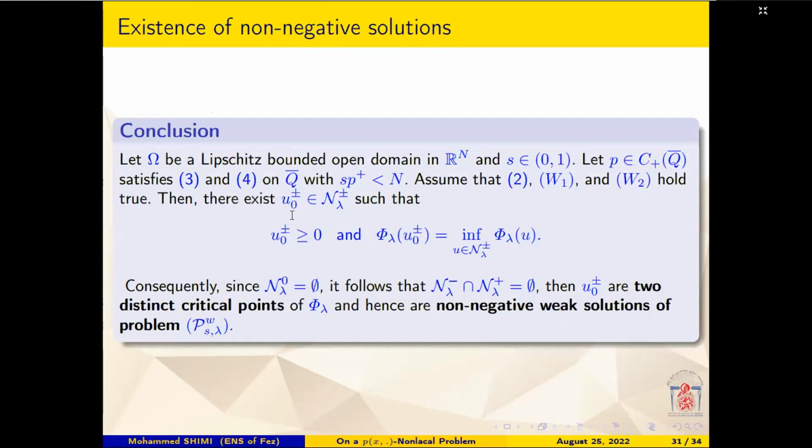Then there exist u0 minus and u0 plus belonging to N lambda minus and N lambda plus, such that these are positive, and phi lambda of u0 minus or plus is the infimum on N lambda minus or plus. Consequently, since N lambda 0 is the empty set, it follows that the intersection of N lambda minus and N lambda plus is the empty set. Then u0 plus and u0 minus are two distinct critical points of phi lambda, and hence there are two non-negative weak solutions of our problem.